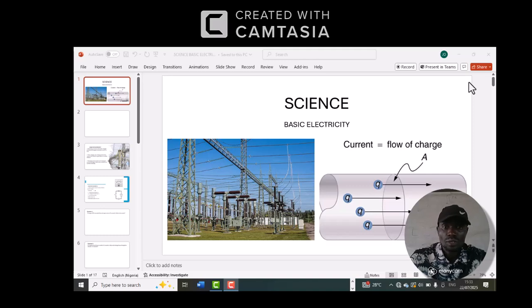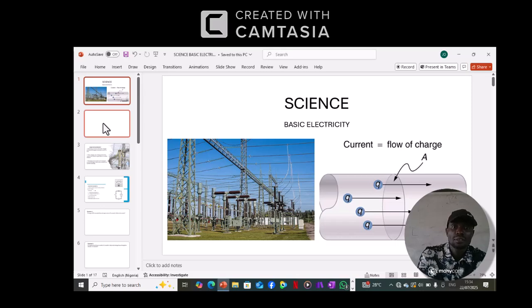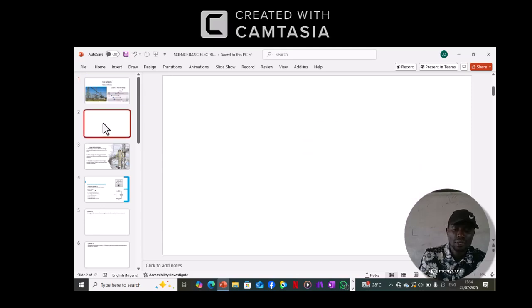So before we dive into the technical aspects, I think it is important for us to understand that there are two main types of electricity.